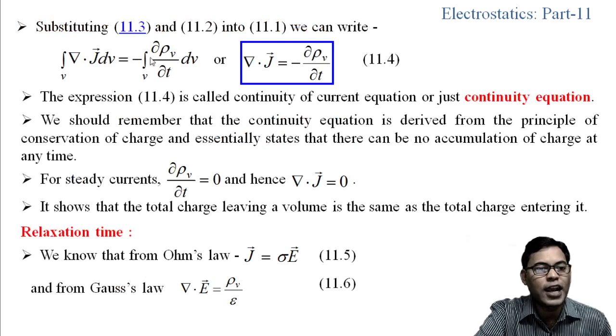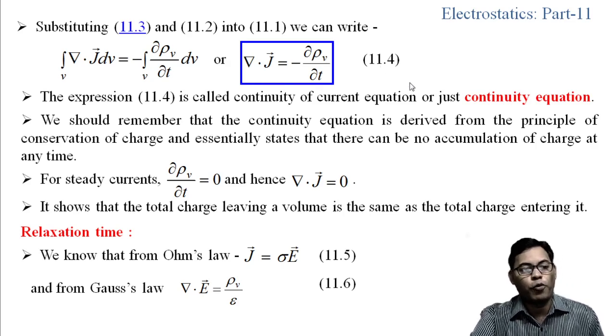Here, the integrands of the left hand side and the right hand side are the same, so we get the expression del dot J equals minus the partial derivative with respect to t of rho v, that is 11.4.